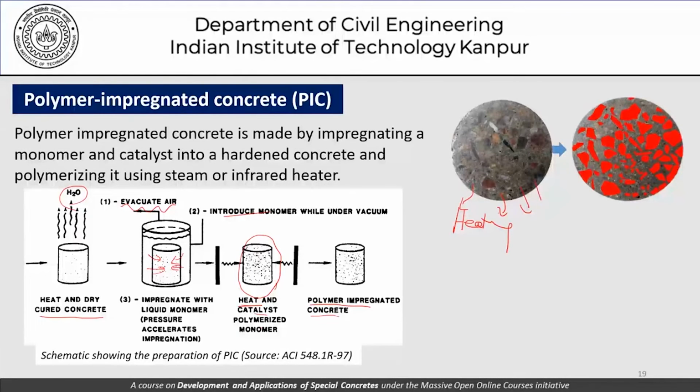Then all the air is also removed, and we apply a monomer or a pre-polymer which penetrates into the gaps of this concrete, and this pre-polymer or monomer which may have permeated into the concrete up to different depths is allowed to polymerize by applying heating or steam or whatever it is, depending on what kind of product you have used. And then what we will get is polymer impregnated concrete.